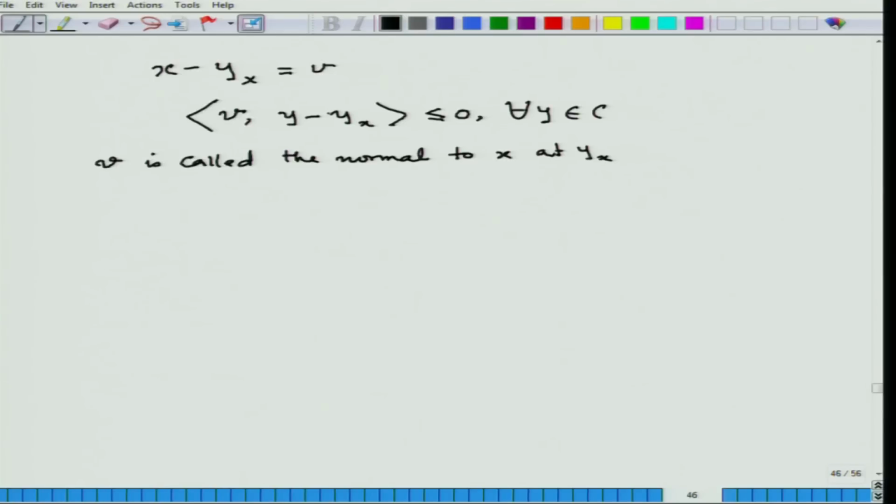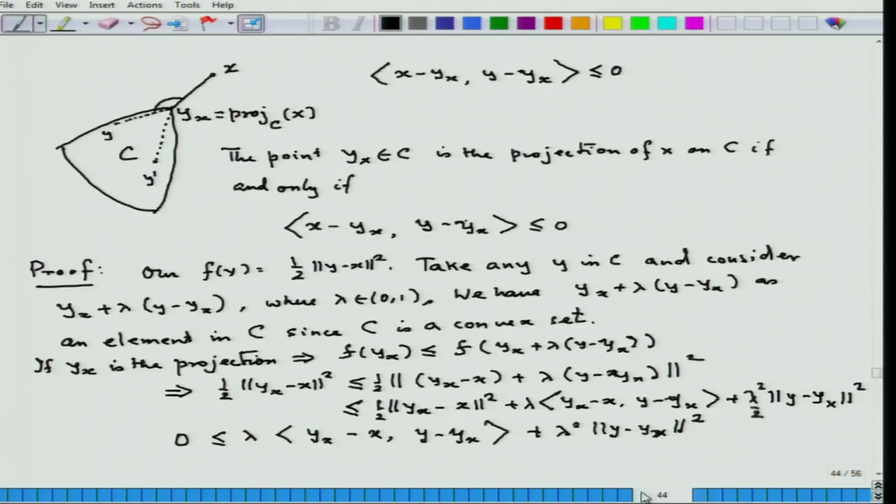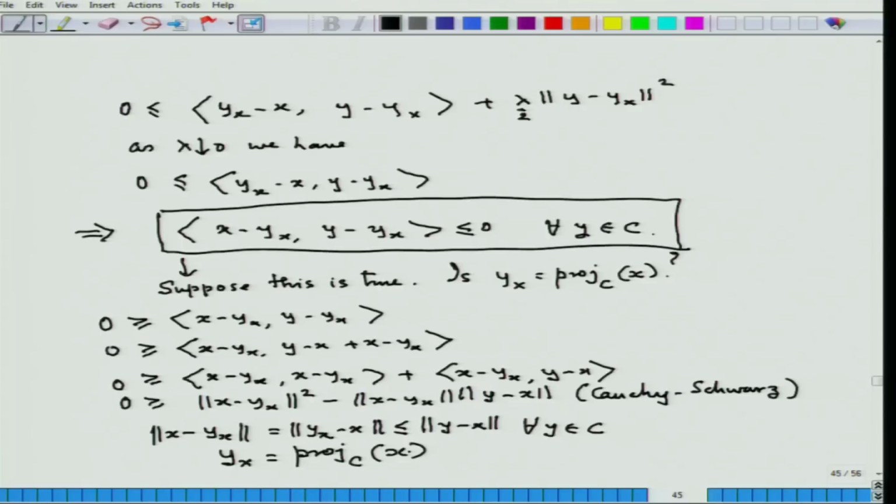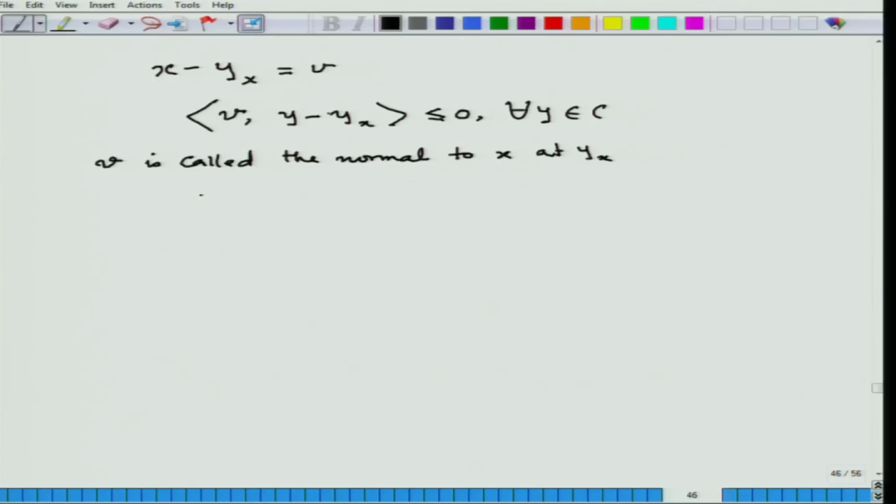So, as you have observed from the picture, there can be more than one x to which y x is the projection. So, there can be more than one such v for which this is true. So, let us take the collection of all such v's in Rn such that, so I take a point x bar in C and take a collection of all those v in Rn such that this is true.